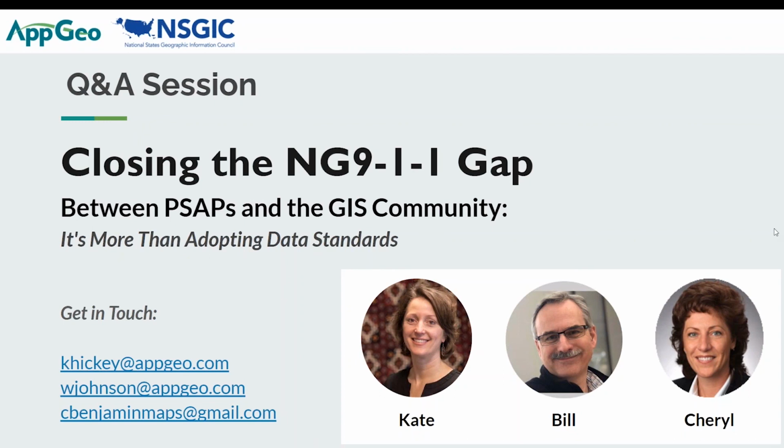And the peer-to-peer counterpart there is through the state CIO, which is the highest level person overseeing GIS and IT. So sometimes that bridge can be assisted with a communication from the CIO to their counterpart at the high levels in the organization. In this case, in New York, it would be the Public Safety Directorate.